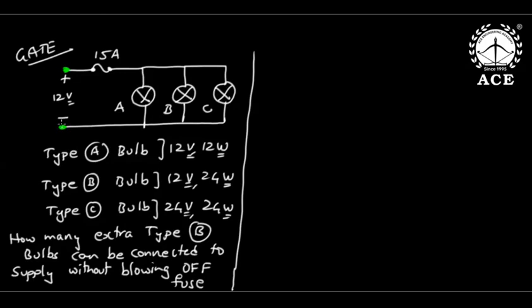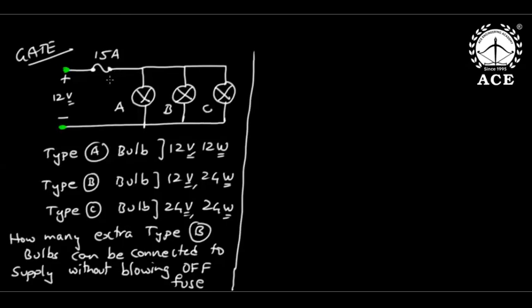Type A bulb is 12 volt 12 watt. Type B bulb is 12 volt 24 watt. Type C bulb is 24 volts and 24 watts. All are connected in parallel, and the remaining bulbs you add are also connected in parallel. And the fuse capacity is 15 amperes. What is the meaning of a 15 ampere fuse?